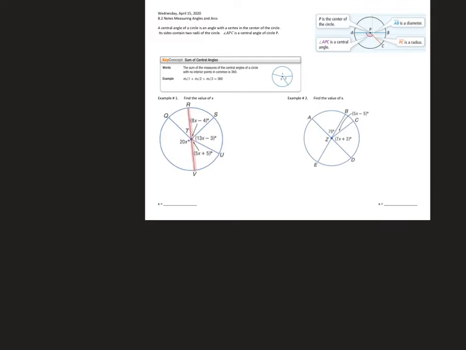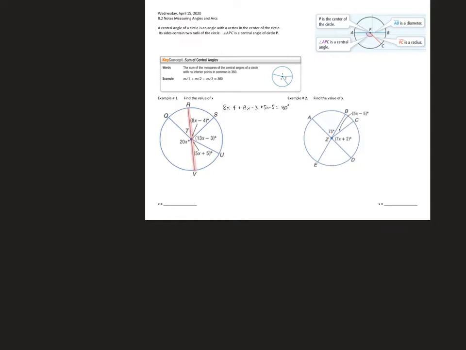I don't know all the angles here, so if this is half of my circle, then 8x minus 4 plus 13x minus 3 plus 5x plus 5 equals 180 degrees, or half of that circle.